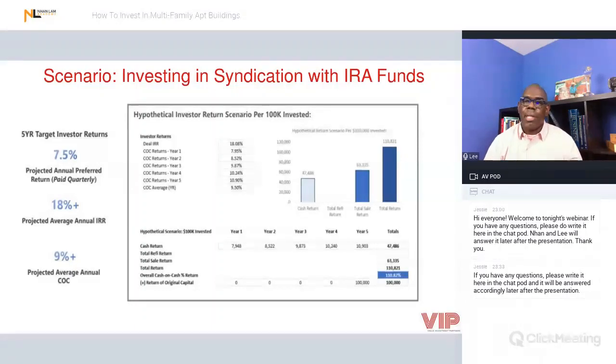That basically says that you have a depreciation schedule for every single asset that's in that building, right? Refrigerators, stoves, all of those. And you can put those onto an accelerated depreciation schedule, which means that in years 1 and 2, although you have received cash flows, you're actually going to receive a K1 that shows a negative amount.